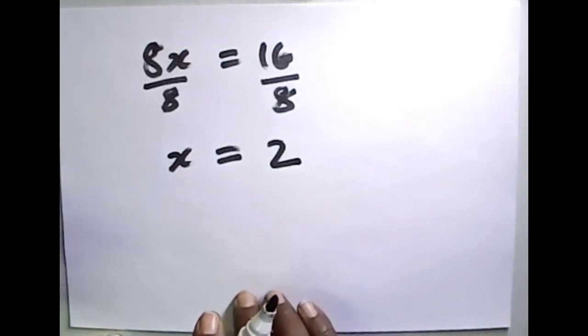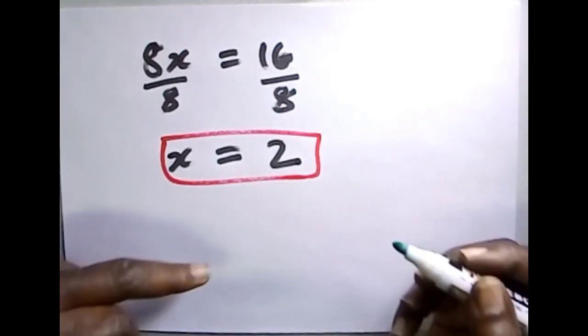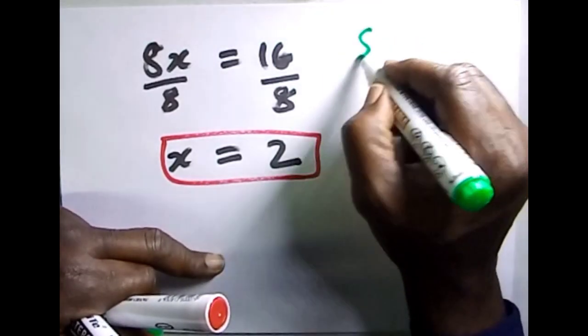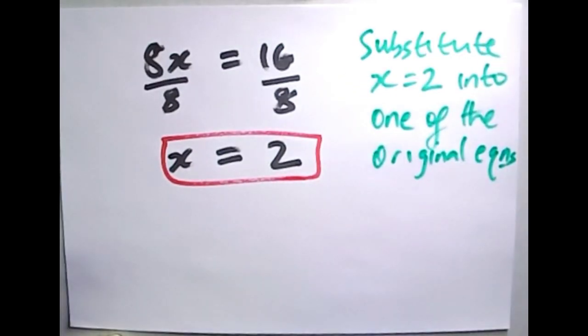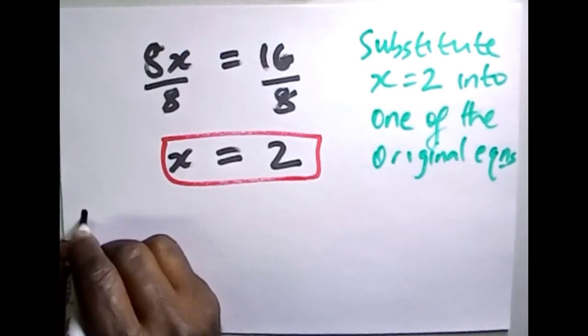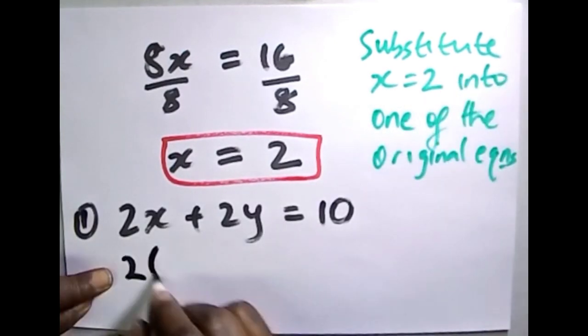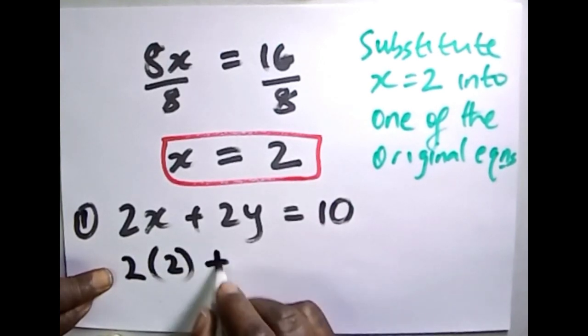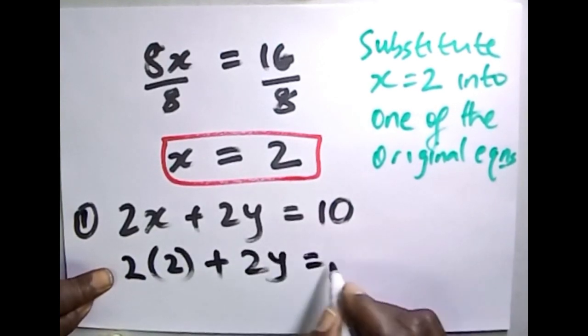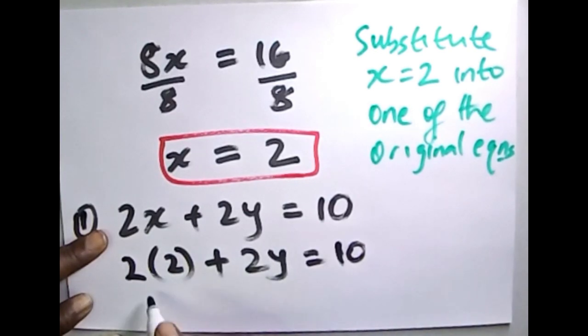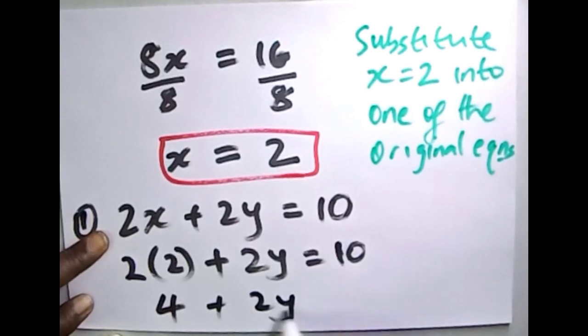We've gotten x. The next thing we want to do is to substitute. So we'll substitute x equals 2 into one of the original equations. So let's take equation 1 again. Where we see x, we will put 2. So 2 times 2 plus 2y equals 10. 2 times 2 is 4, plus 2y equals 10.